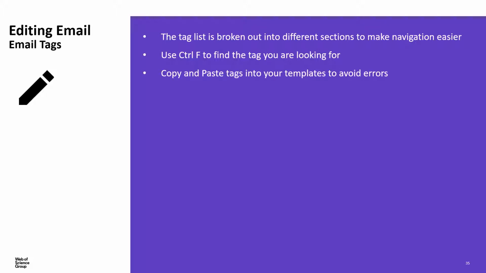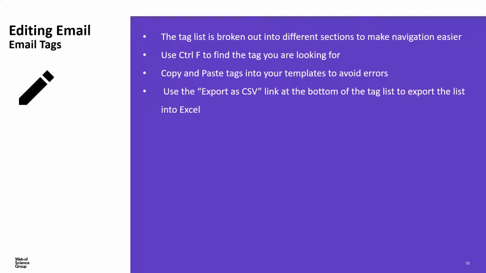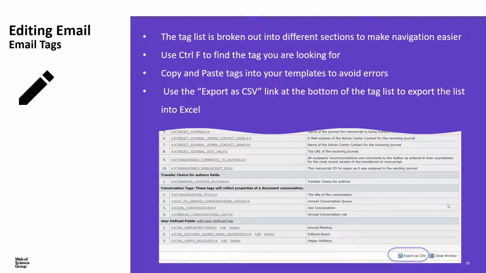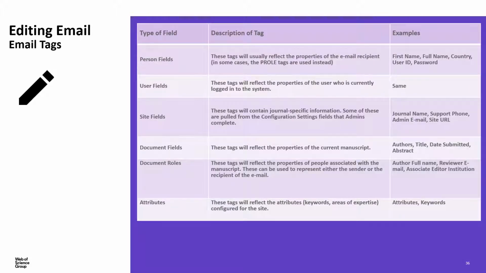Copy and paste tags into your templates to avoid errors. Use the Export as CSV link at the bottom of your tag list to export the list into Excel. The following screens give you the type, description, and examples of the different types of tags available.